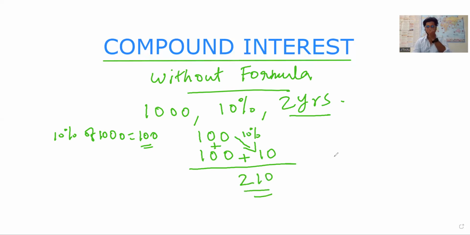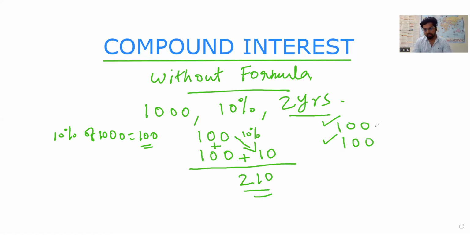I will explain again. In order to find compound interest for principal 1,000 rupees, 10 percentage, 2 years, you need to write what is 10 percentage of 1,000 two times. For 2 years, you need to write two times. 10 percentage of 1,000 is 100, so I write that two times, 100 and 100.